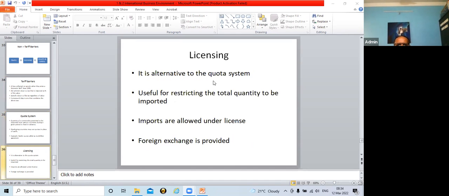Then licensing, everybody knows what licensing is. In India, the licensing authority is with the state government as well as the central government. Both governments issue licenses, and that varies from business to business.